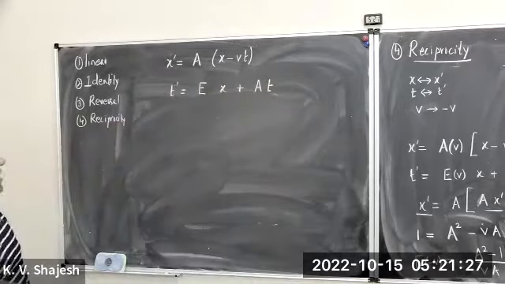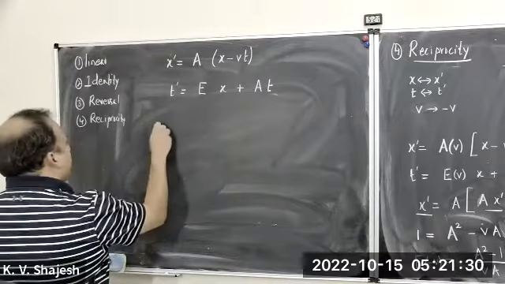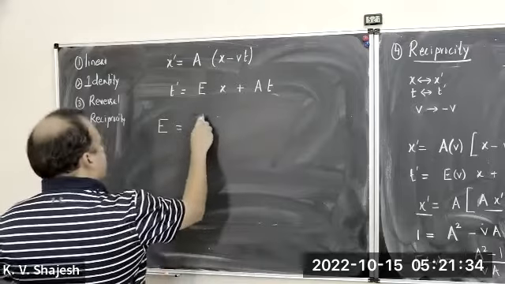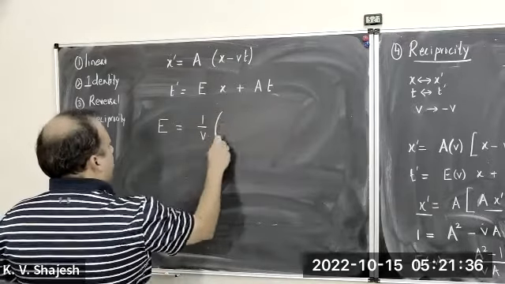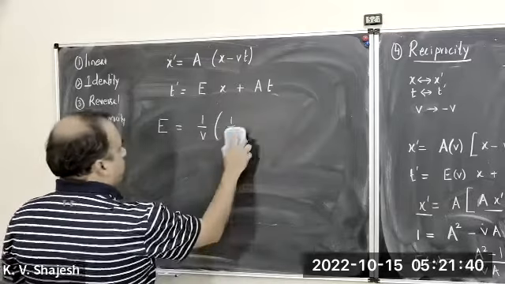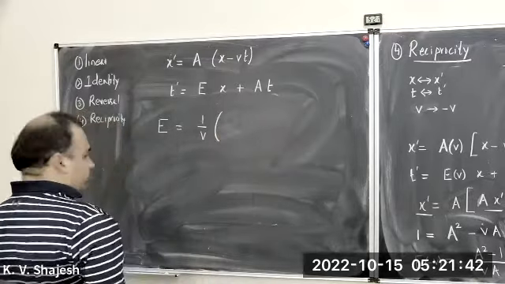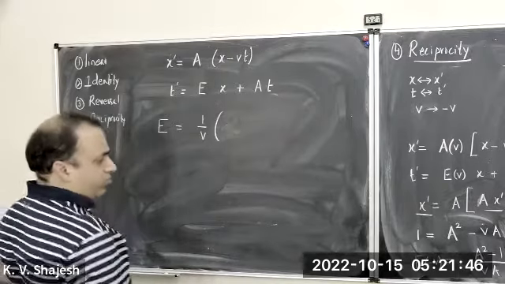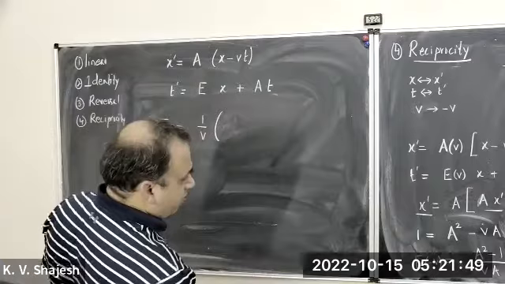Okay. Where E came out to be, whatever we had, 1 over V times 1 over A. No, E of minus V, right? So this is plus V there.